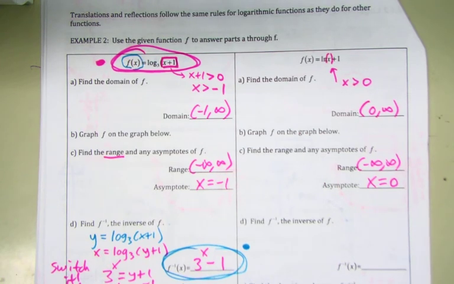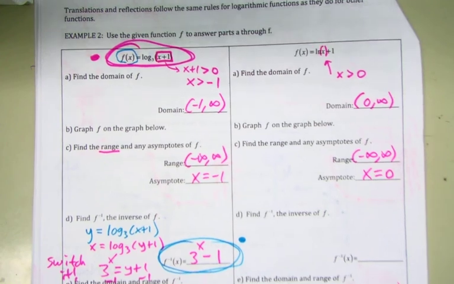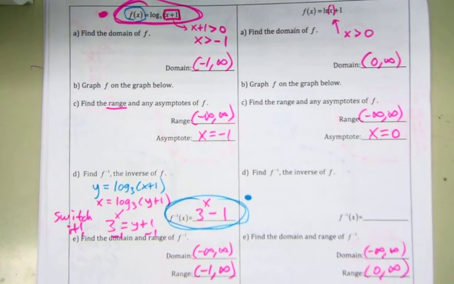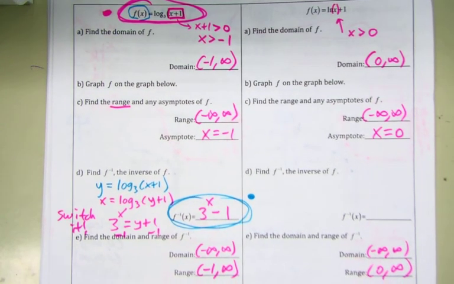This one, we had to change it. The only reason I skipped the domain was because yesterday we learned x equals negative, not for logs. So you see how it's not on the inside of the parentheses? Where's the one? So it's on the outside. So it's referring to this log.